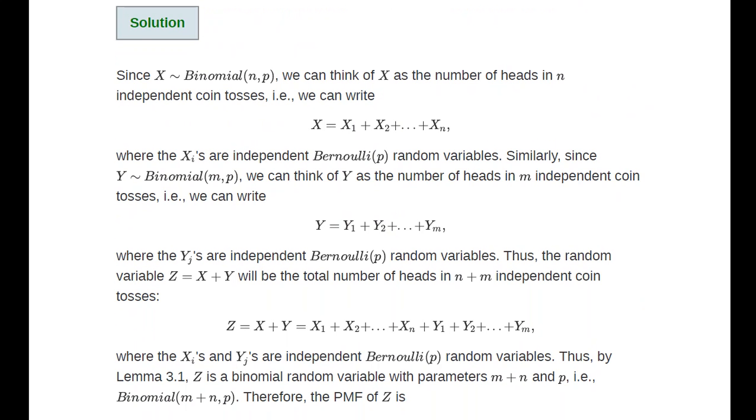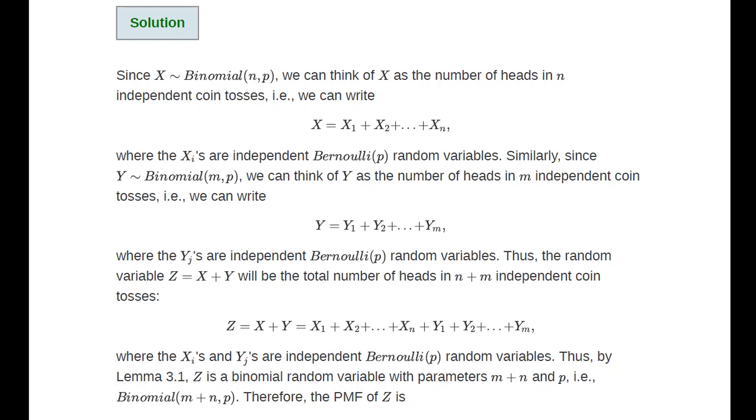Similarly, since Y is distributed as Binomial(m, p), we can think of Y as the number of heads in m independent coin tosses. We can write Y equal Y1 plus Y2 and so on until Ym, where the Yj's are independent Bernoulli(p) random variables.